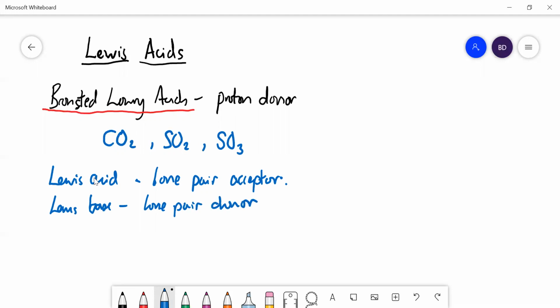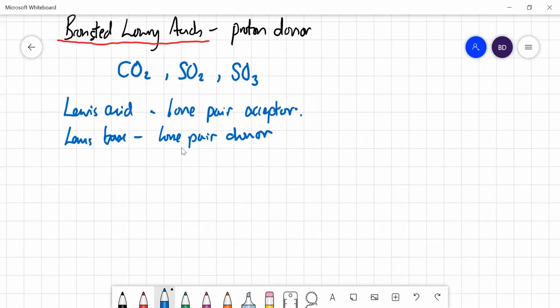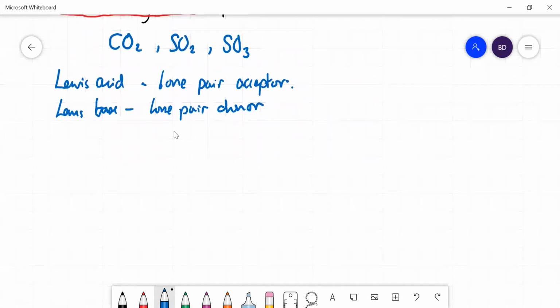So let's have a little think about ammonia, which we were familiar with being a Bronsted-Lowry base, sorry. So here we've got NH3. Let's see how it reacts with water.